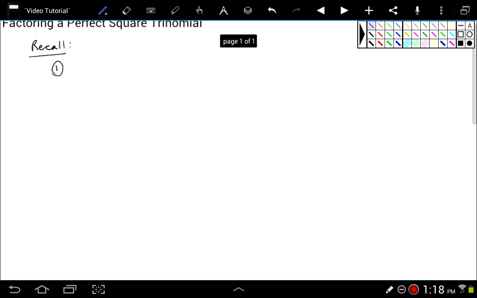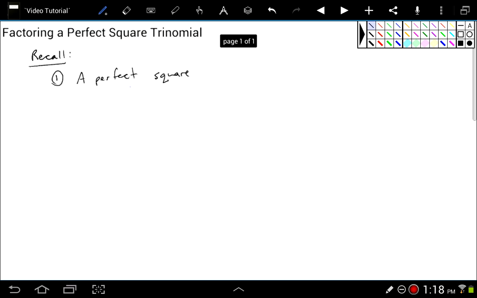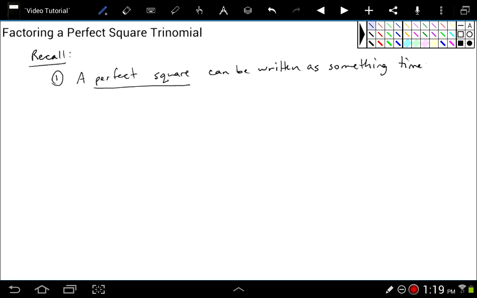Let's recall what a perfect square is. A perfect square can be written as something times itself.